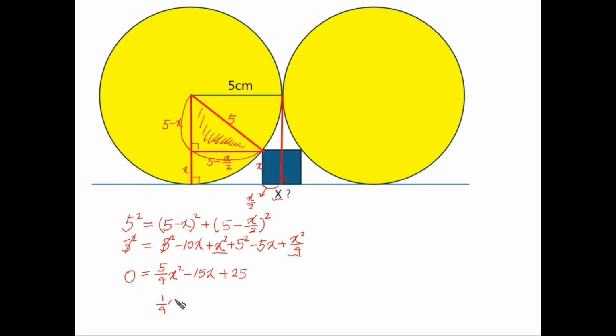One over 4 x squared minus 3x plus 5 equals 0. Times 4, then x squared minus 12x plus 20 equals 0.